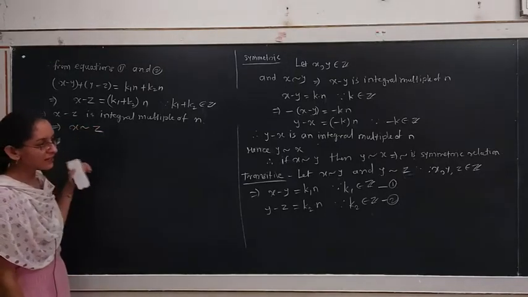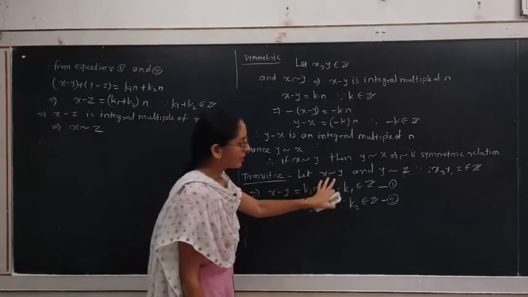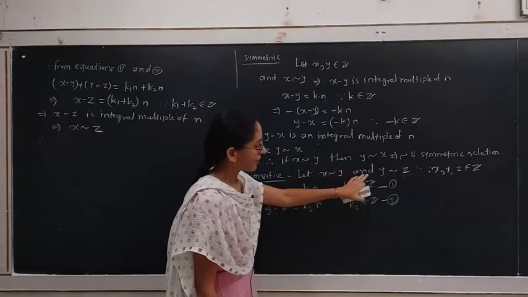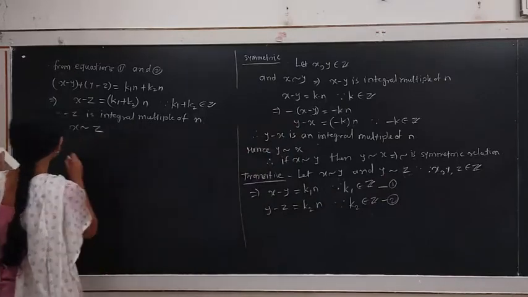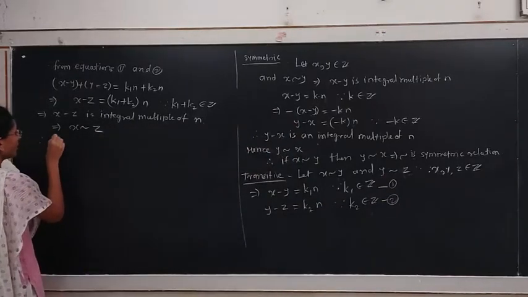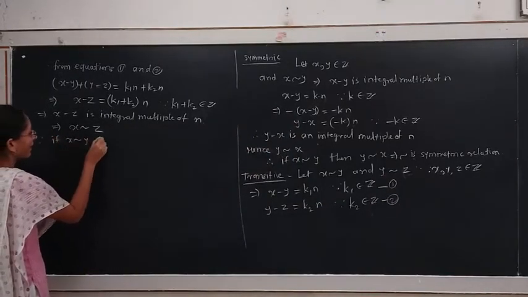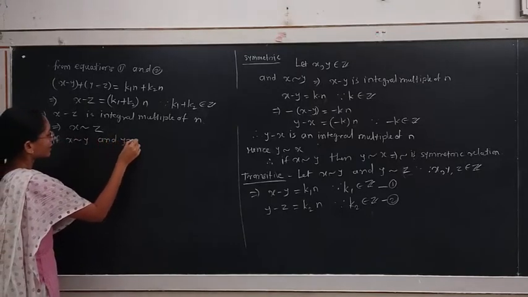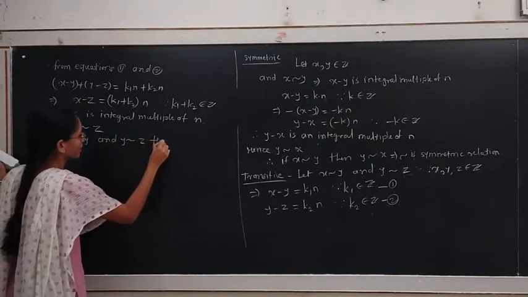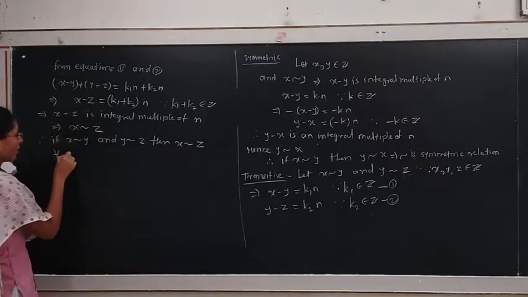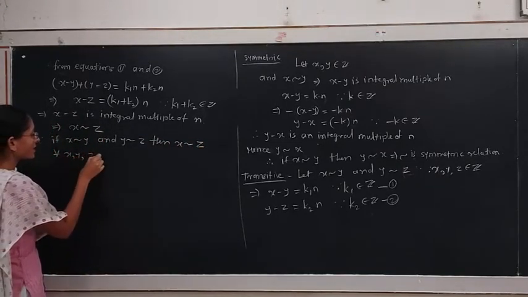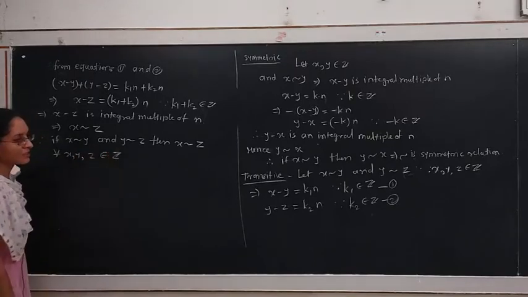Therefore, what did we consider? We have considered x is related to y and y is related to z, for x, y, z belongs to integers. Therefore, if x is related to y and y is related to z, then x is related to z. This is true for all x, y, z belongs to the set of integers.